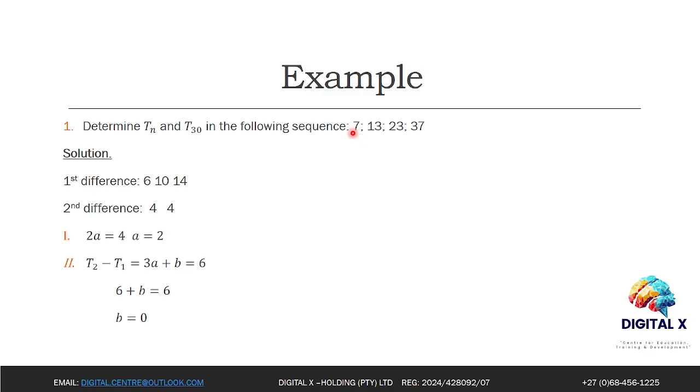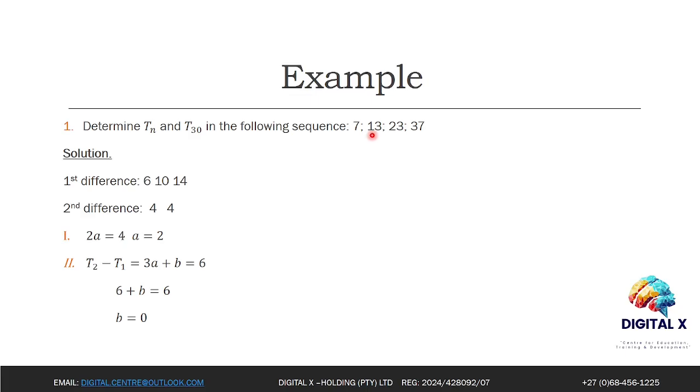Since we all know that we are dealing here with quadratic patterns or sequences, the sequence is as follows: we have 7 being the first term, 13 the second term, and 23. So in this sequence we are only given 4 terms.